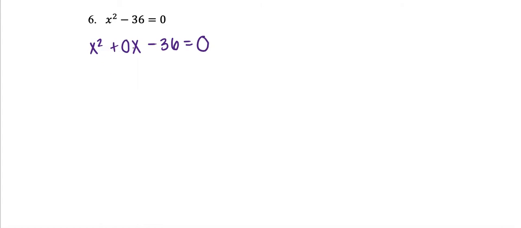So I have x squared plus 0x minus 36. And then now I'm going to go through the AC method, or split the middle. So I'm going to multiply A and C. And I get negative 36. And then now I'm looking for two numbers that multiply to negative 36 and add to my middle term, 0.